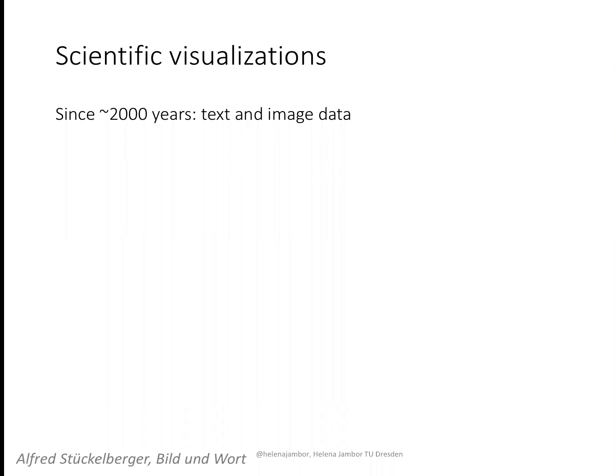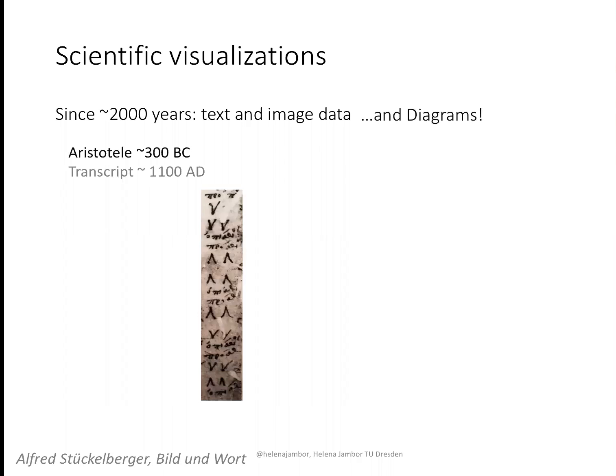So for around 2000 years, we have had text and image data in the scientific world, but for a similarly long time, we have also had diagrams that communicate scientific information. One that is shown here is from Aristotle, so way before Christ was born. You can see these little triangles, upside and downside triangles, and they are not just letters, but they are explaining something.